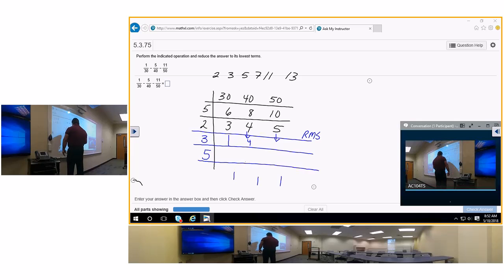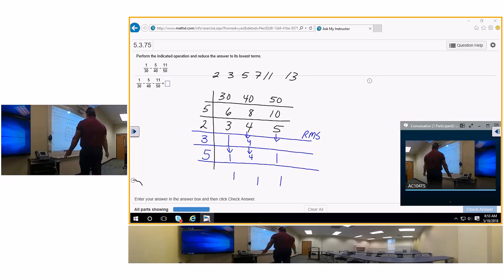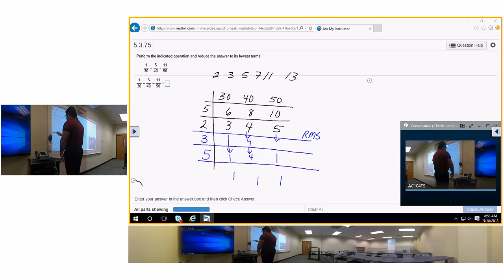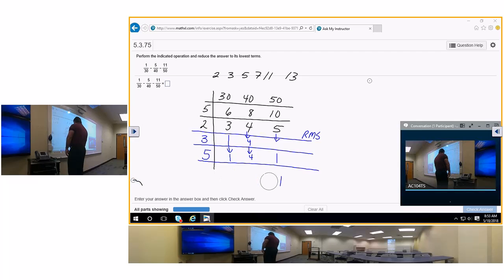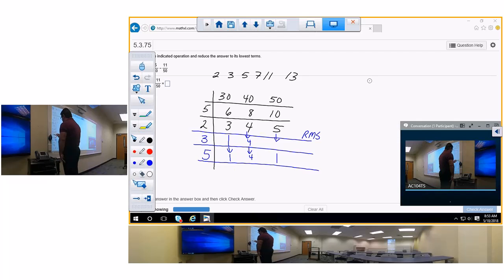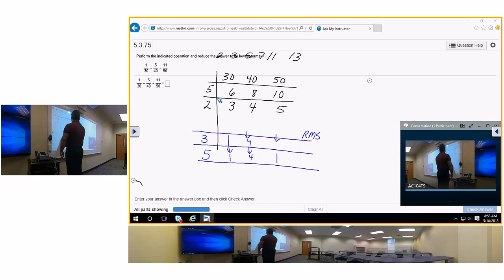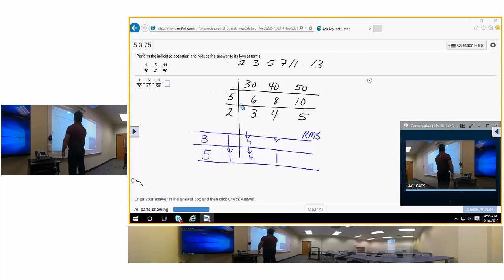You can't divide by 2 because you can only use these numbers. So 5, that comes down, 1, that comes down, 4, that comes down as a 1. So we got 2 1s, now we just got to get the last one. So I'm going to take my eraser and I'm going to erase right there. And I might just move this up a little bit. Oops. Now I'll move that up here.